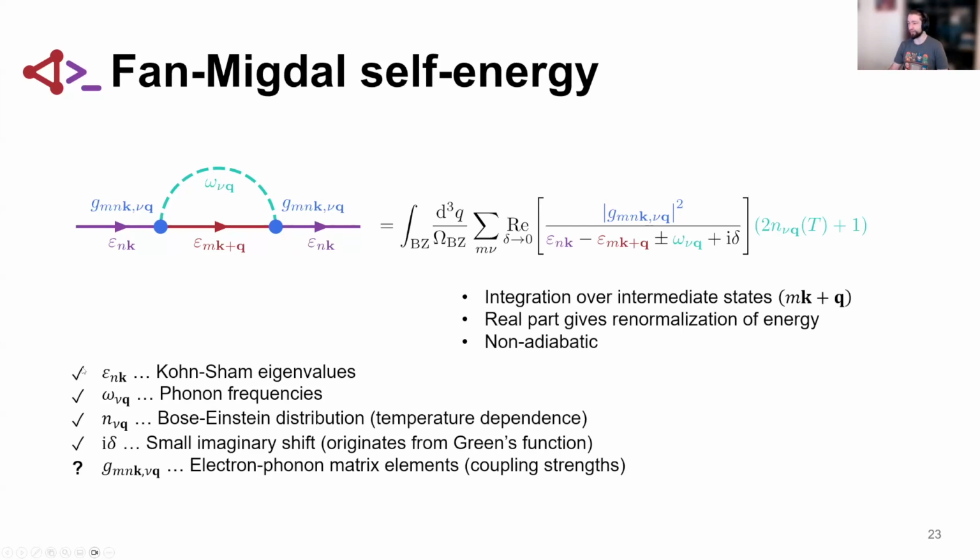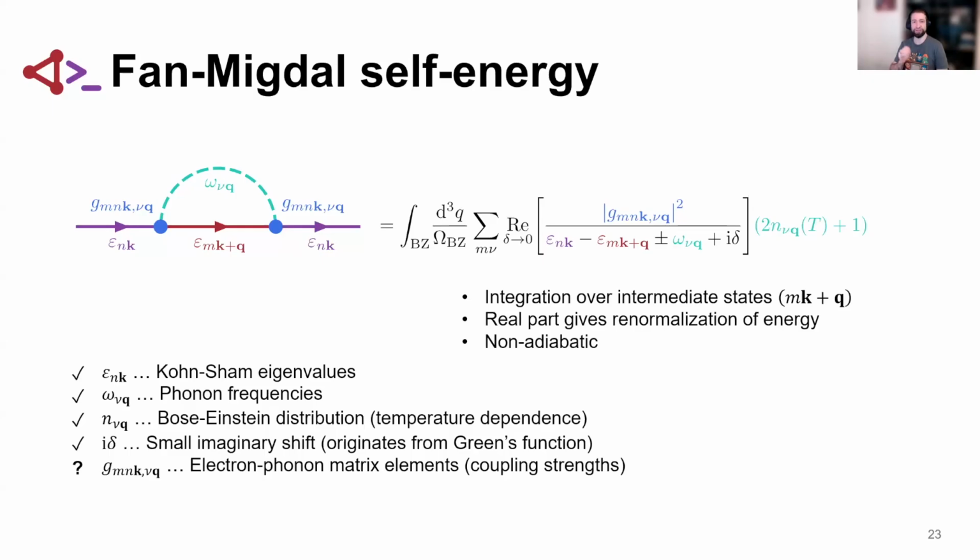All right, so maybe one thing I didn't cover here is the small imaginary shift. This is a remnant from many-body perturbation theory, where it actually originates from the electron Green's function, and it has to do with time ordering. But here we consider it, let's say, a computational parameter.